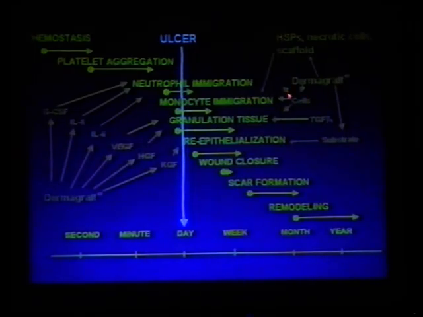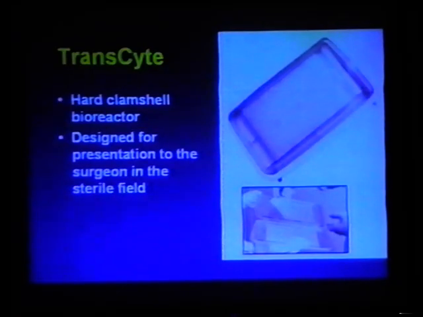And Dermagraft provides cells which will provide a substrate for migration. It will provide various growth factors, some angiogenic growth factors, and also growth factors and cytokines which will influence the immune system, as I've just been discussing. So just to say a few words about Transite.